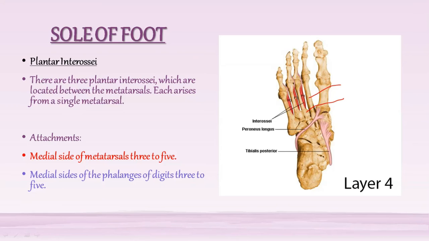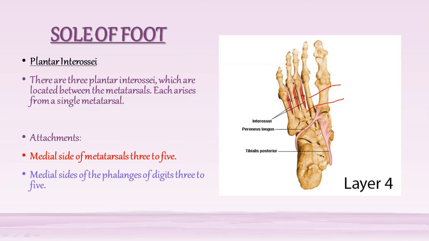The second arises from the medial side of the fourth metatarsal, whereas the third arises from the medial side of the fifth metatarsal. So there are three plantar interossei, first, second, third, present between the metatarsals.